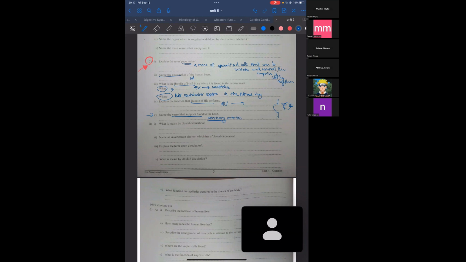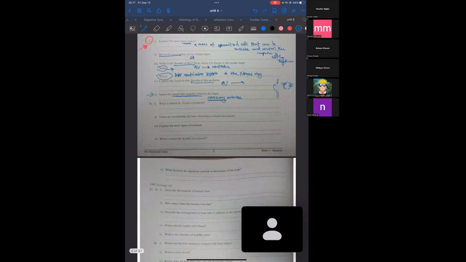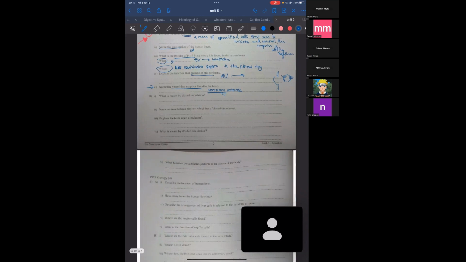Same like that, for the lungs, let's say this is the lungs. Oxygen poor blood is taken to both the lungs via the pulmonary artery, and oxygen rich blood is brought back to the heart via the pulmonary veins.